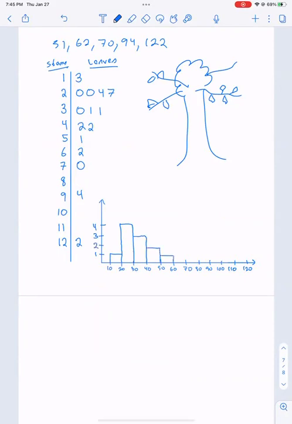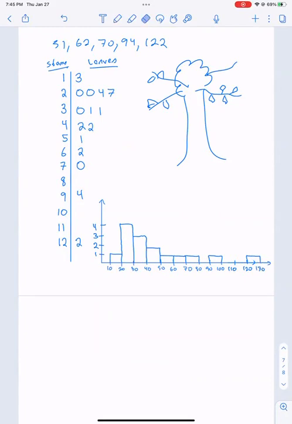And then we have 1 in the 50s, 60 to 70 we have 1, 70 to 80 we have 1. Nothing in the 80 to 90, 90 to 100 we have 1. And then 120 to 130, we have 1.